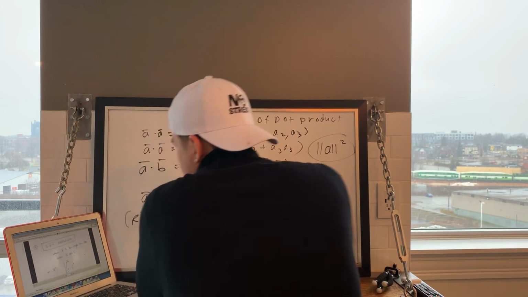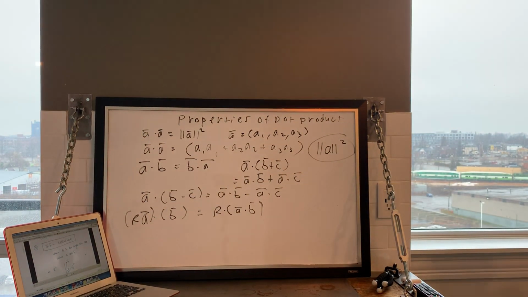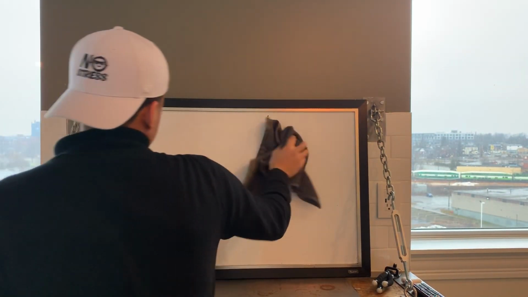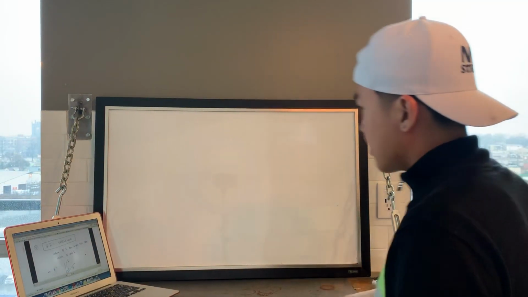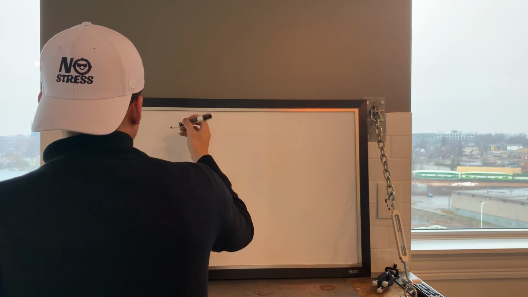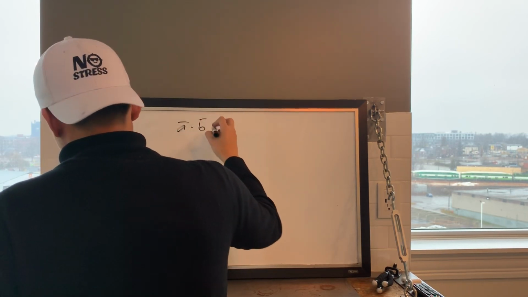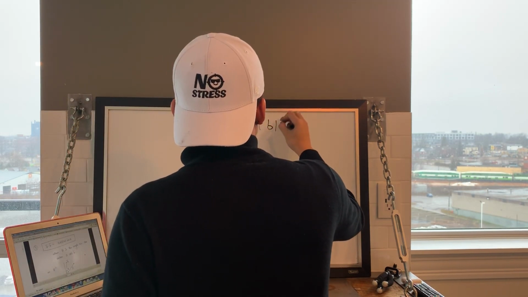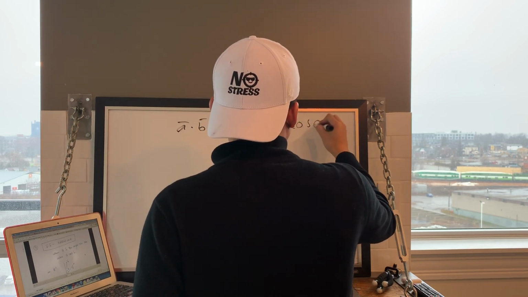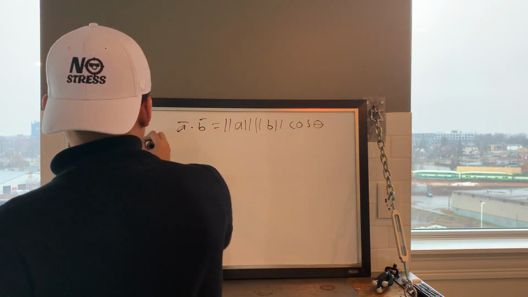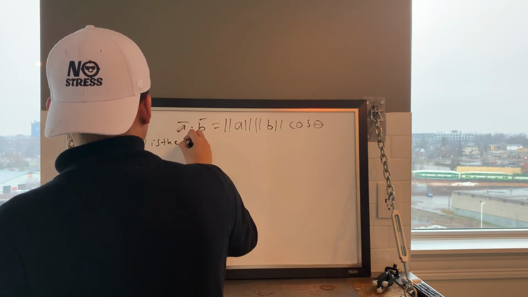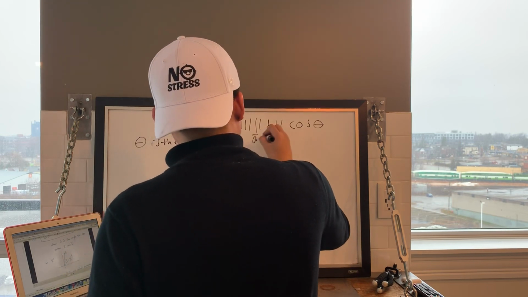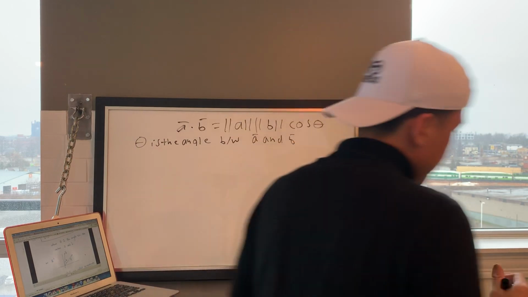And what's the formula for A dot B? Well, glad you asked. All it is, okay, is that A dot B is equal to magnitude A multiplied by magnitude B cos theta, where theta is the angle between A and B. That's the definition.